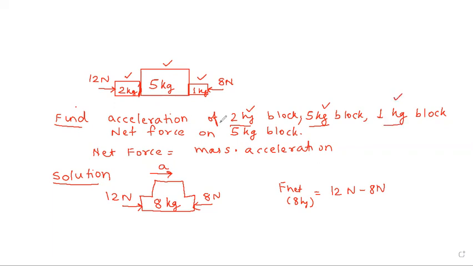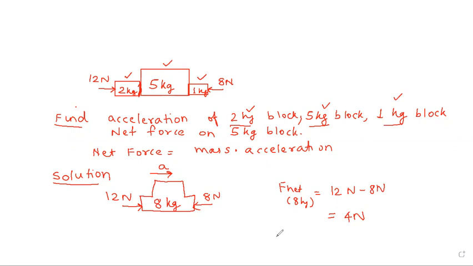So each would have an acceleration A. 12 Newton minus 8 Newton is equal to 4 Newton. So the net force acting on this block, taken as a combination of 2 kg, 5 kg and 1 kg, is 4 Newtons.